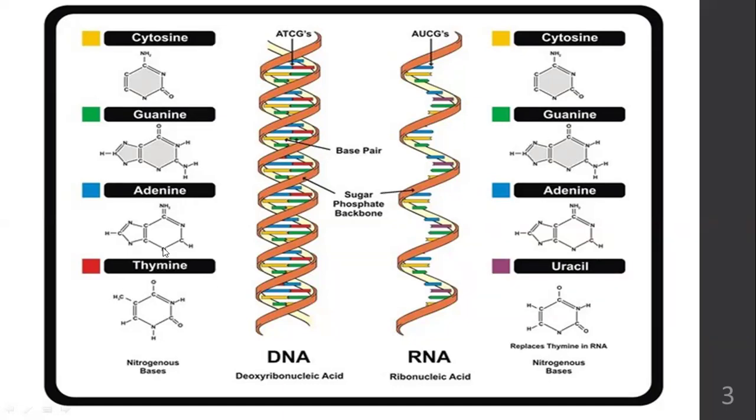Can you see the nitrogen molecules here? On each of these components, on thymine, adenine, guanine, their carbon structure, the organic structure, is given. Each of these molecules has a nitrogen component.